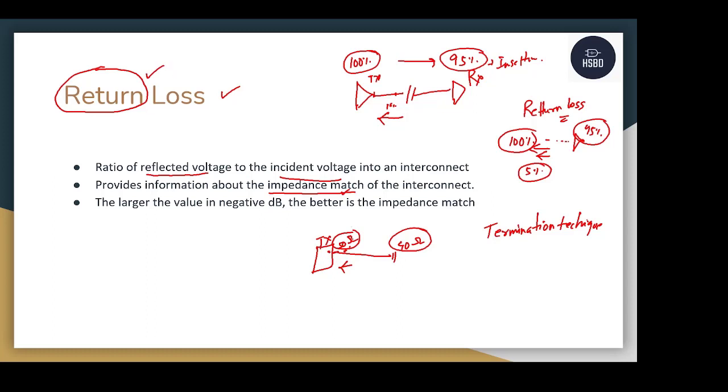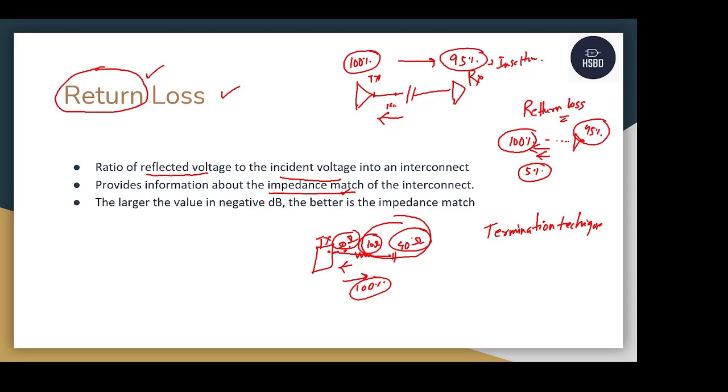As the frequency increases, this loss becomes more and more. So how are you going to cure it? You add a series termination resistor of 10 ohms so that the cumulative impedance becomes 50, and 50-50 get matched. With this matched impedance, maximum or 100% of the signal gets transmitted.